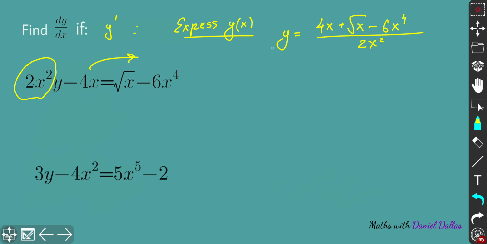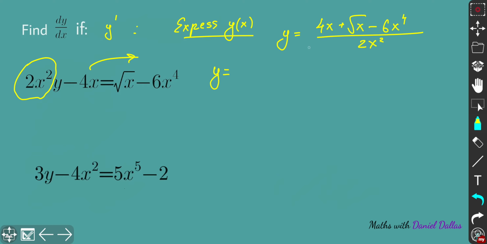But right now you need to simplify and make all in the powers, okay? So that's why it's going to be 4x. Let's do partial division, so each term on the top, in the numerator of this fraction, divide by 2x squared.